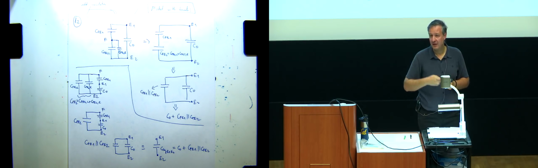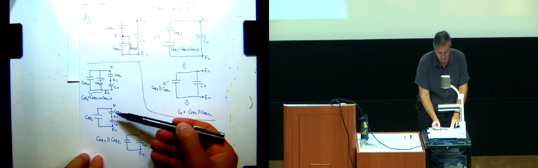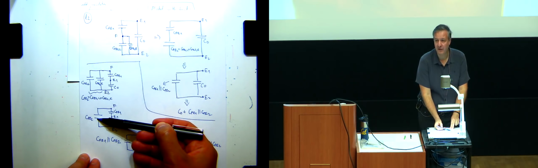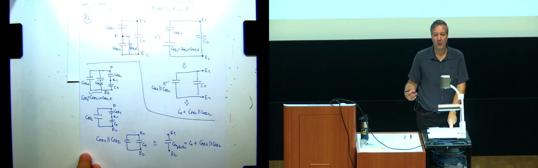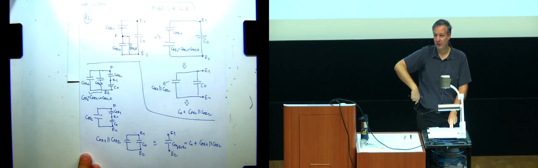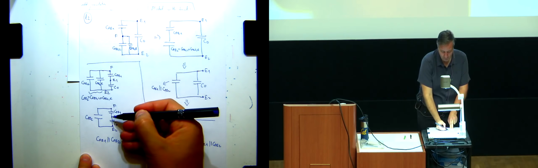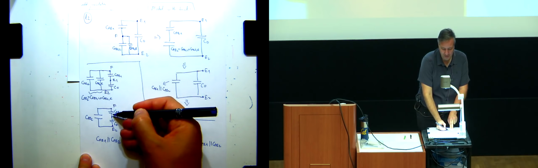Yes, there was a question there. You had a question? Okay, so you're saying you're confused how CF E1 is in series with CF E2. Think about how we define the series. The elements are in series if the same current flows through them, right? So if we go from E1 up, there is a single branch.